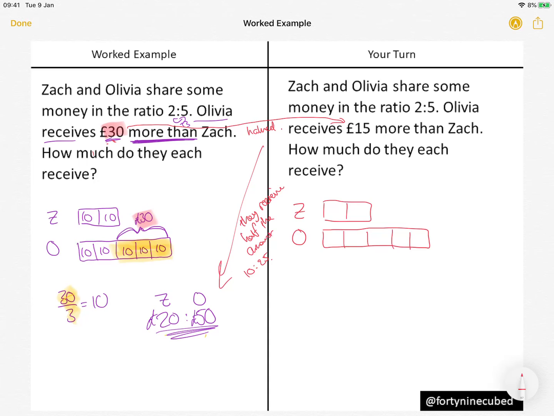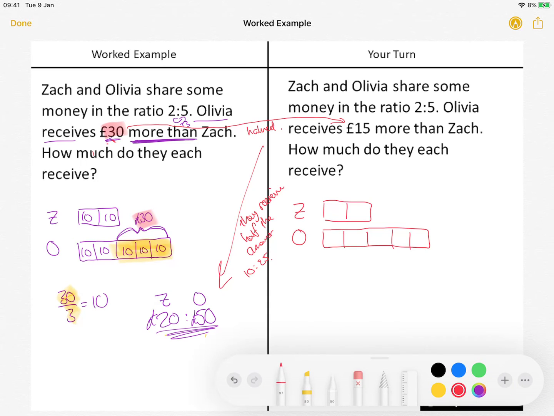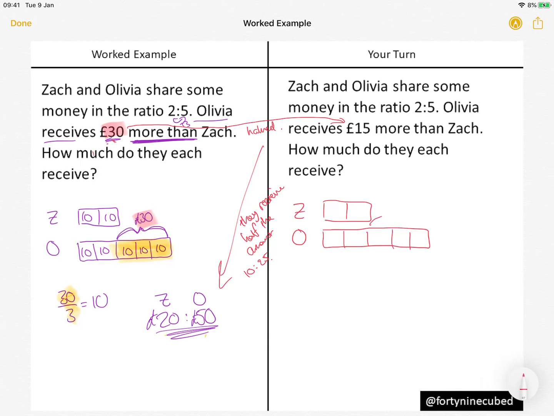Then I'm going to check it and do the working that we've done before. I know that these 3 boxes, because that's what's more than Zach's, are worth £15. I need to share those equally between 3 boxes, which is 5. So each box is now worth 5. So I can see that Zach gets £10 and Olivia gets 25. So my prediction was right.